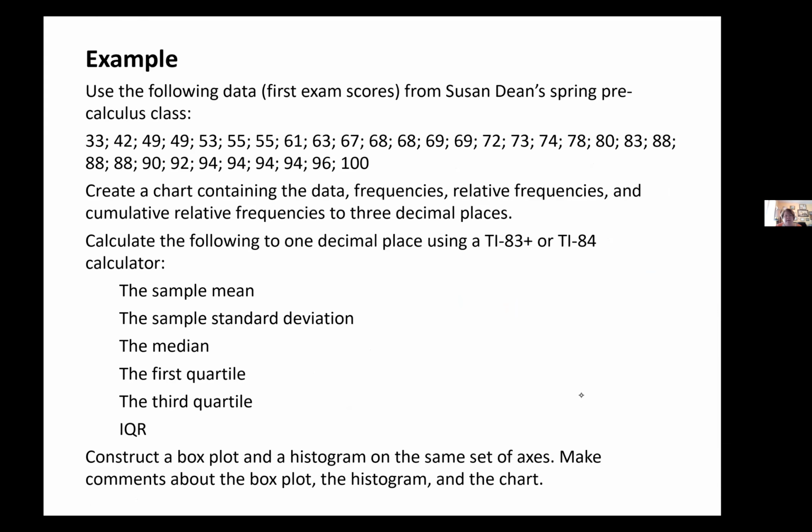We're going to calculate the mean, the standard deviation, the median, the quartiles, the interquartile range, and then we're going to do a box plot and a histogram of this on the same axes. So I'm going to show you how to do that. I'm going to give you a minute or two to put that data in a list, and then I'll come back. When you get done, if you can give me a thumbs up or a good in chat, whatever you want to do.